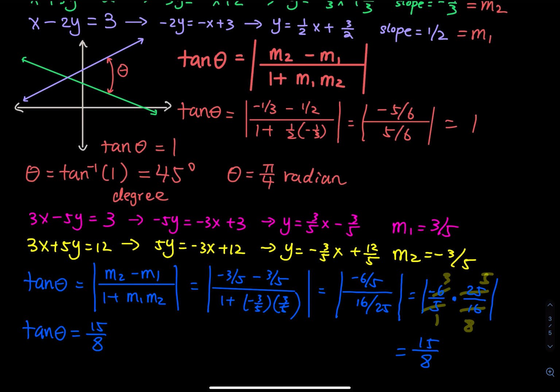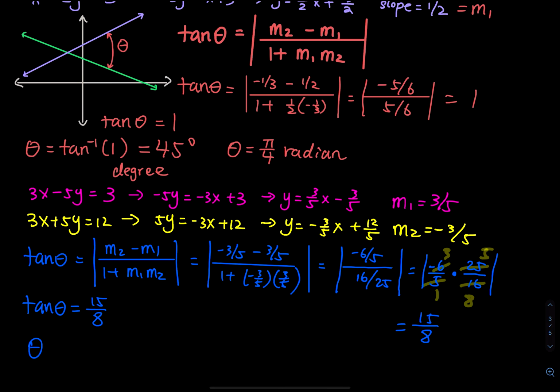And then we are going to do one in degree mode. So theta equals inverse tangent 15 over 8. Oh, by the way, where is inverse tangent? On your TI-84 Plus, there is a tangent key, TAN, and there is a word above the tangent key that is inverse tangent.